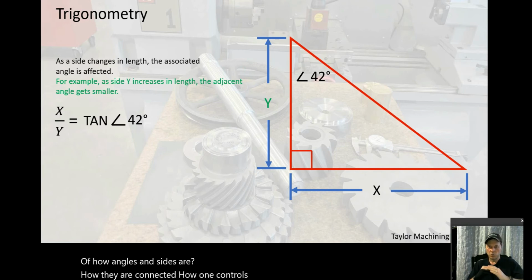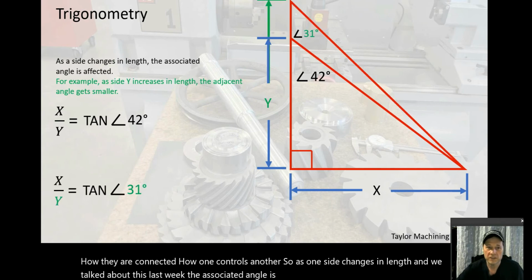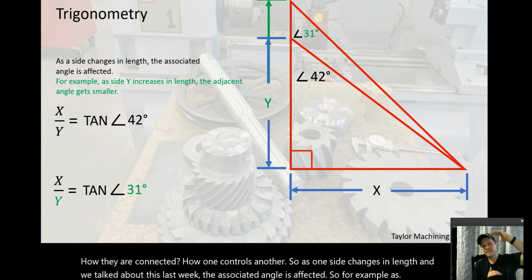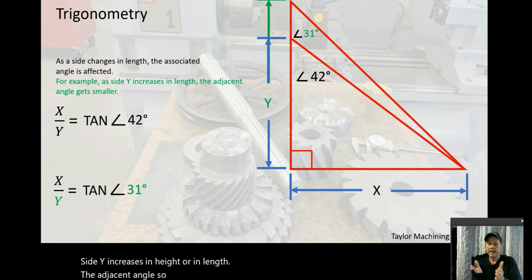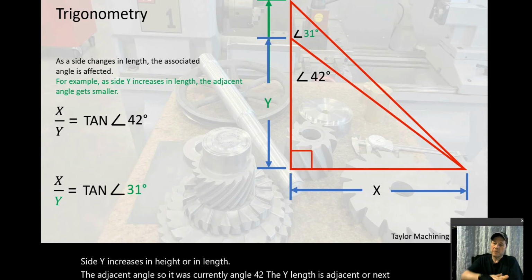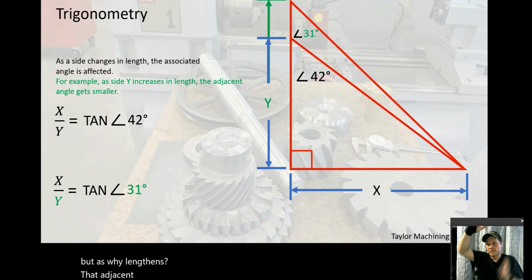So as one side changes in length, and we talked about this last week, the associated angle is affected. So for example, as side y increases in length, the adjacent angle, currently angle 42, the y length is adjacent or next to angle 42. But as y lengthens, that adjacent angle changes size, right?